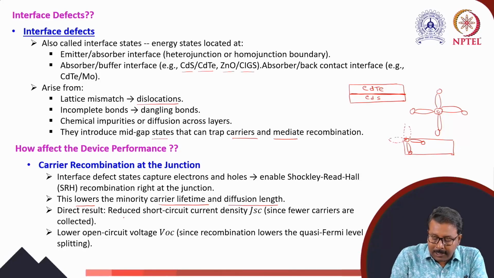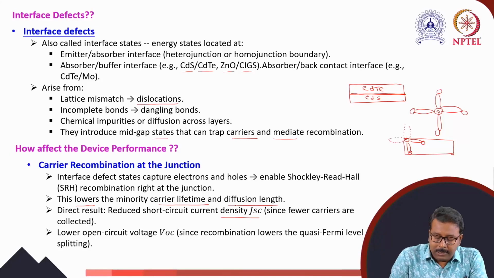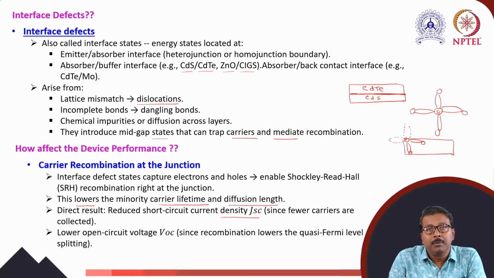And the direct result, if you see, is reduced short circuit current density, because out of all the photogenerated carriers, some are recombined, so they cannot be collected. So fewer carriers are collected. So obviously the JSC is expected to be reduced. Open circuit voltage, is there any effect on open circuit voltage?